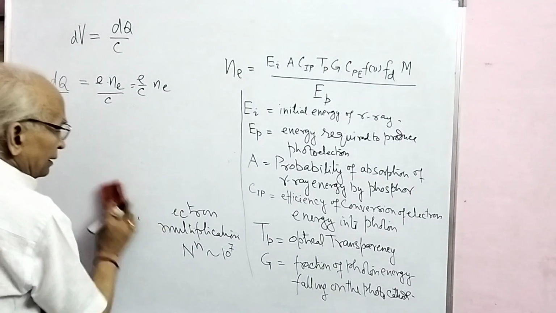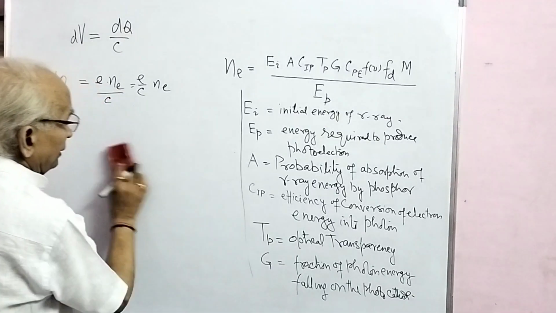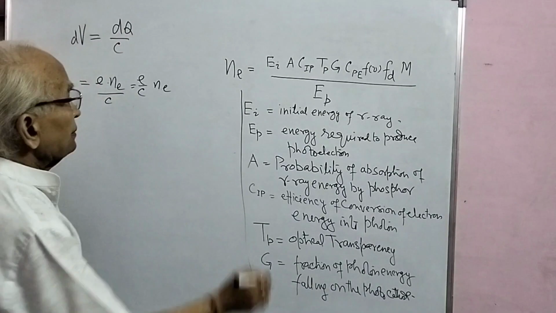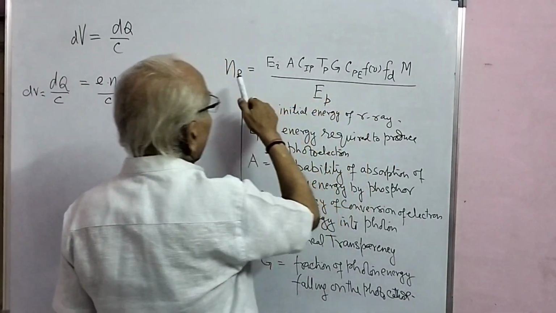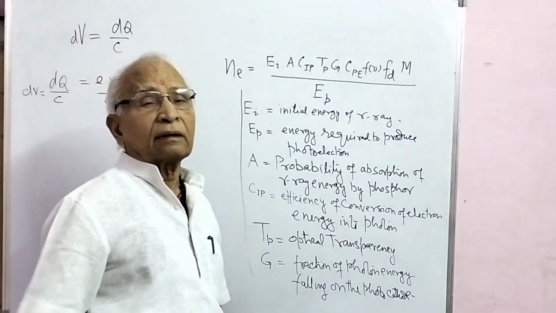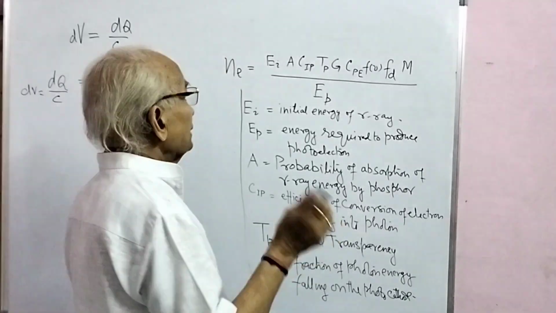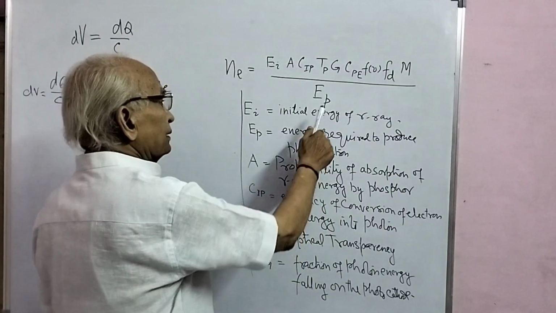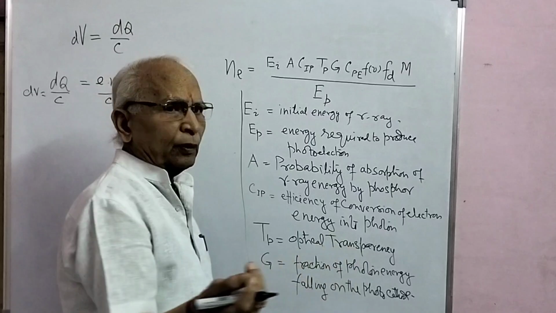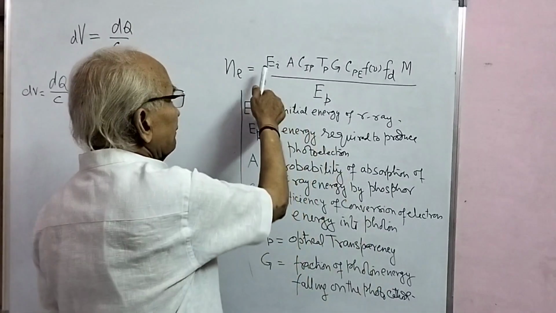Remember now, I add here a very important point. You see, this number depends upon so many factors which has got statistical variation. Something is constant, fixed. Say this is fixed number, energy required to produce photoelectron. This is fixed number.